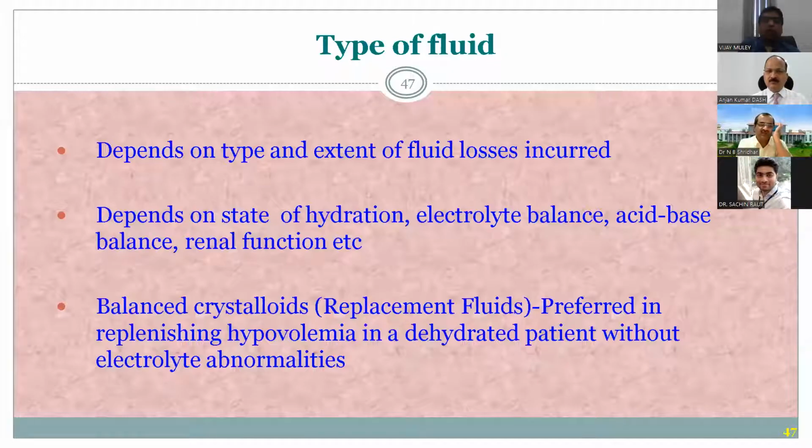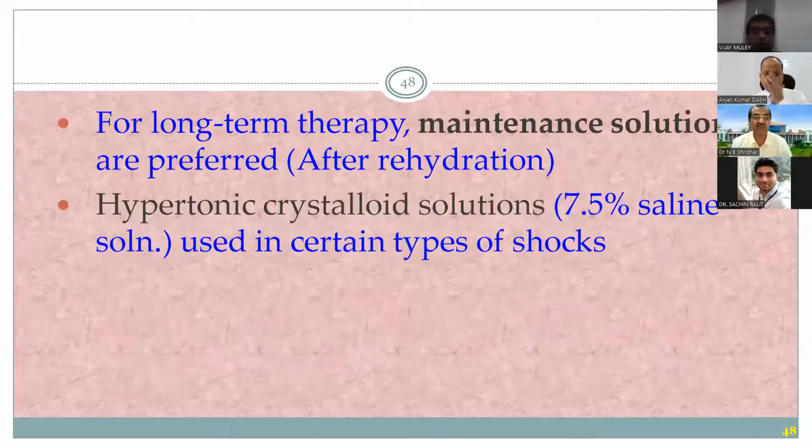It also depends upon the state of hydration, electrolyte balance, acid-base balance, renal function, etc. So balanced crystalloids, also called replacement fluids, are preferred for replenishing hypovolemia, where body fluid is reduced, and the dehydrated state will have a lot of abnormalities.